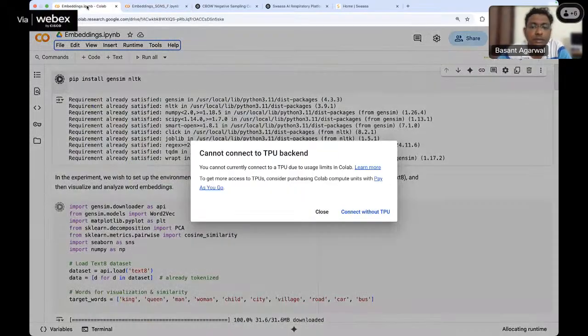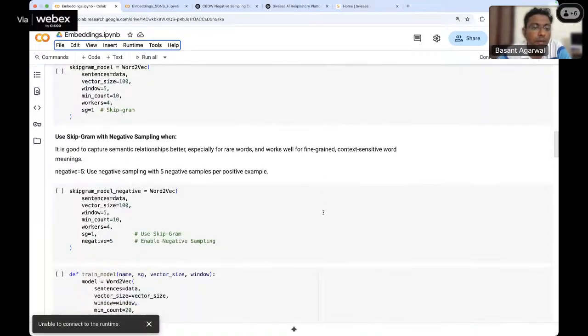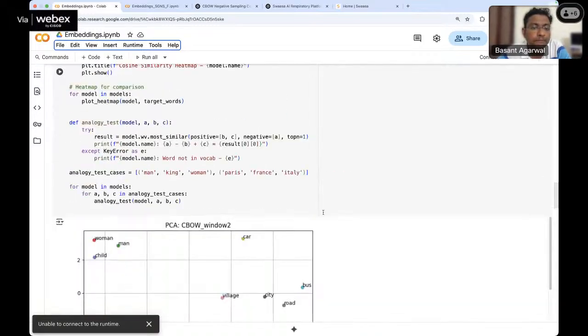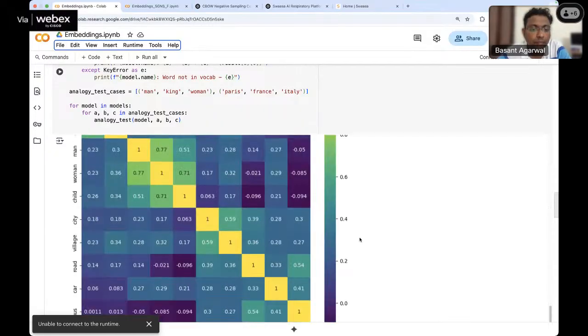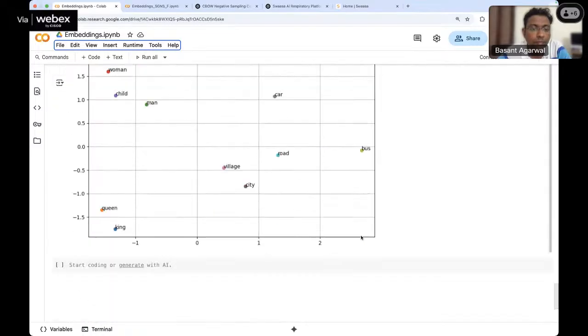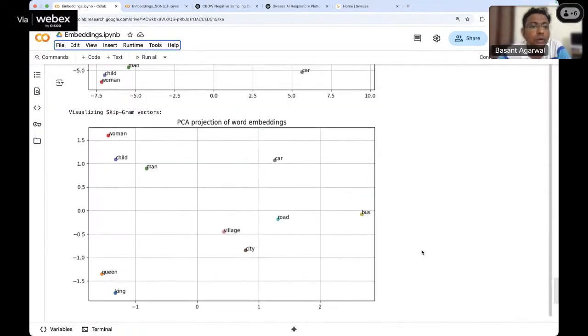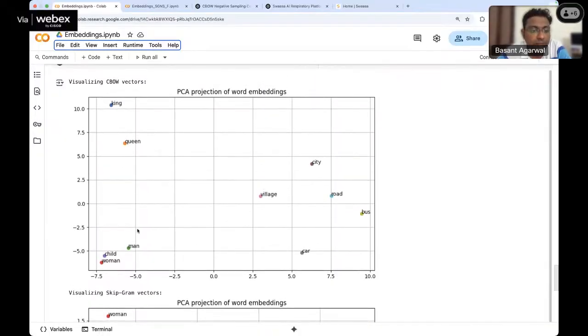Now I see if it runs. Okay, it's not running. Yes, here it could run. So see, men, women, and child are very close.